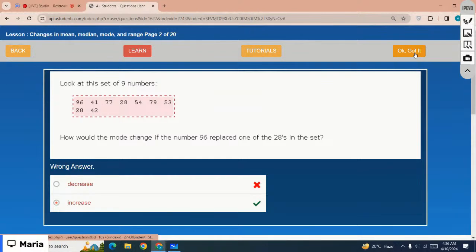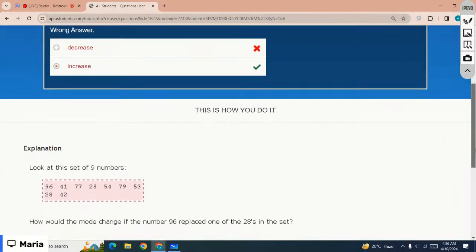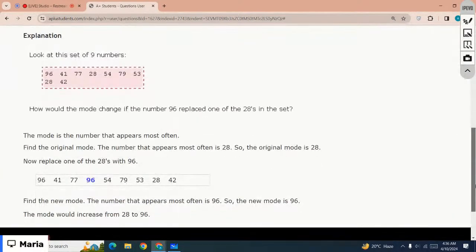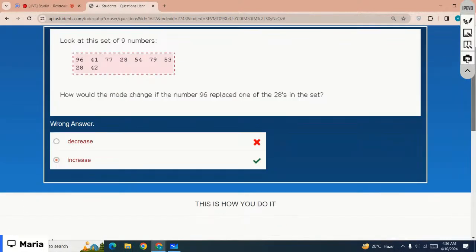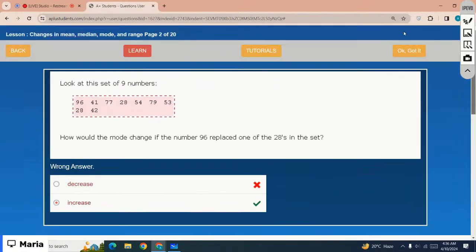That would be the same number. Increase, how increase? The mode is 96. Oh, that is increased. Earlier you had the mode 28. Now you have the mode 96. So the correct option is increased, right?